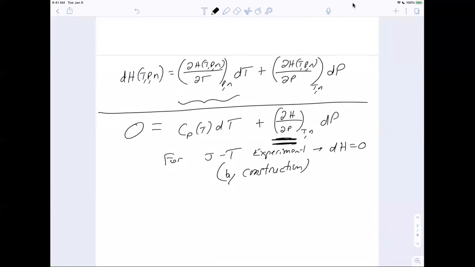Even when you did calorimetry, perhaps in your previous courses, you were measuring delta H as a reaction enthalpy, but really what you were measuring were changes in temperature, right? That's what you measure.